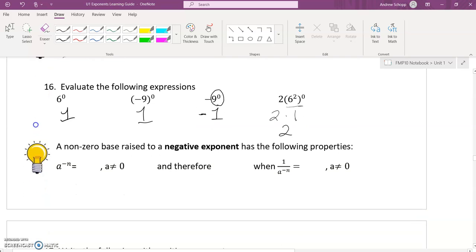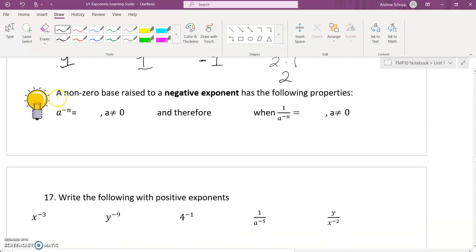Let's look at the negative exponents. A non-zero base raised to a negative exponent has the following properties. So any non-zero base, any non-zero value for a, when it's raised to a negative exponent, negative value of whatever the exponent is, we can rewrite that as 1 over the same base, but change the exponent here to be positive. 1 over a to the power of n.